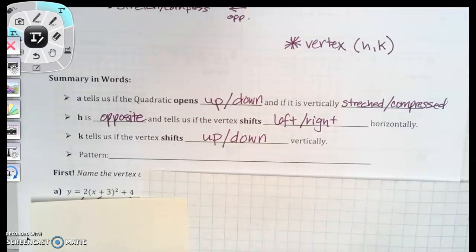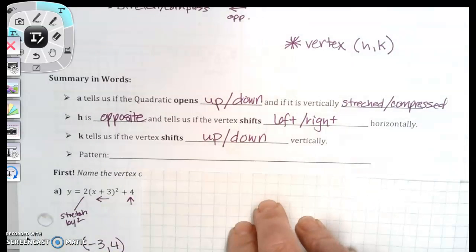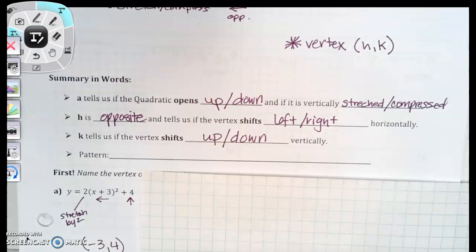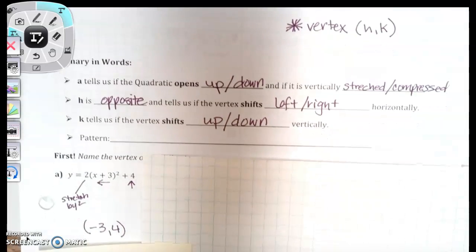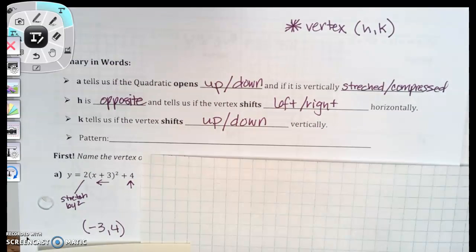So let's see. It's going to be negative 3, 4 because you want the opposite of what is there. I drew this little arrow pointing to the left because you're going to shift 3 to the left. It says stretch by 2.